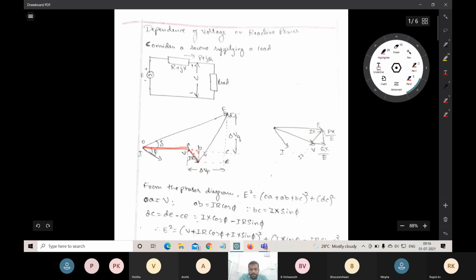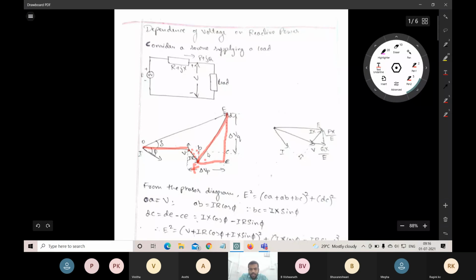So what is this BC? Again, we need to consider one more right angle triangle. Consider this right angle triangle, and take this point as F. FE is equal to BC. What is FE?